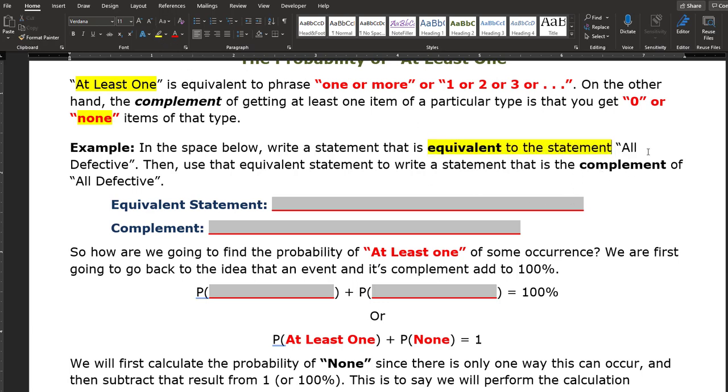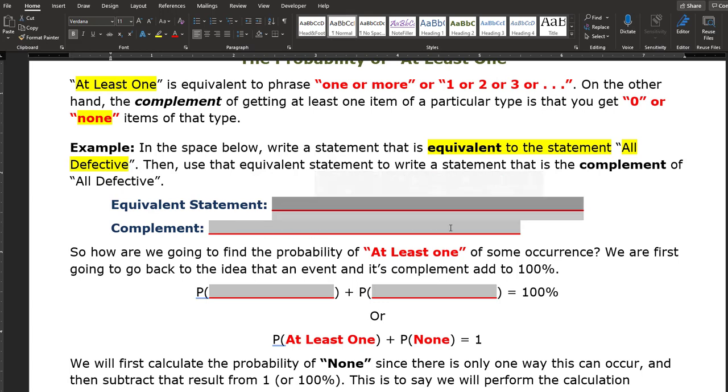And in this problem right here, it talks about all being defective. Now, there's not any of those keywords right there, at least one or none. There's nothing in that all defective statement. So we've got to figure out, is there a way that we can incorporate maybe one of those words by maybe rewriting all defective.